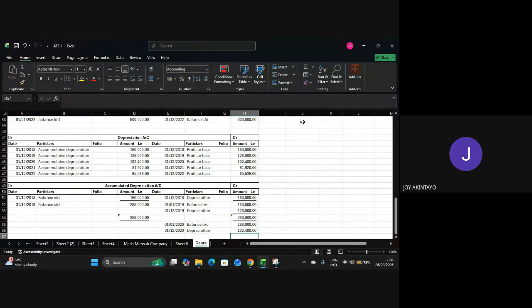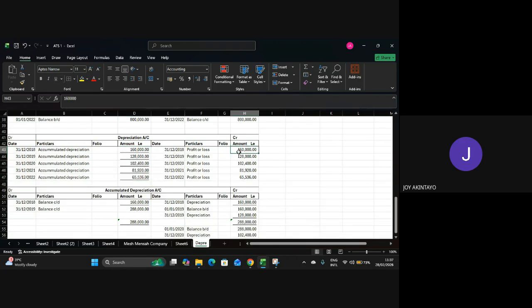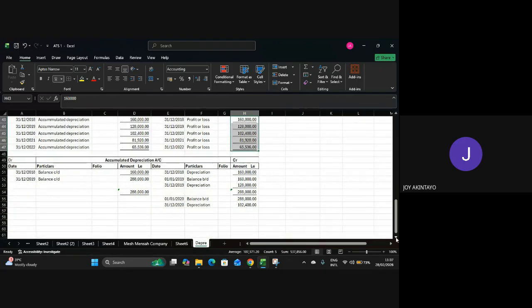So add 228,000 plus 102,400. How much is that? Oh yeah, pick your calculator and calculate.